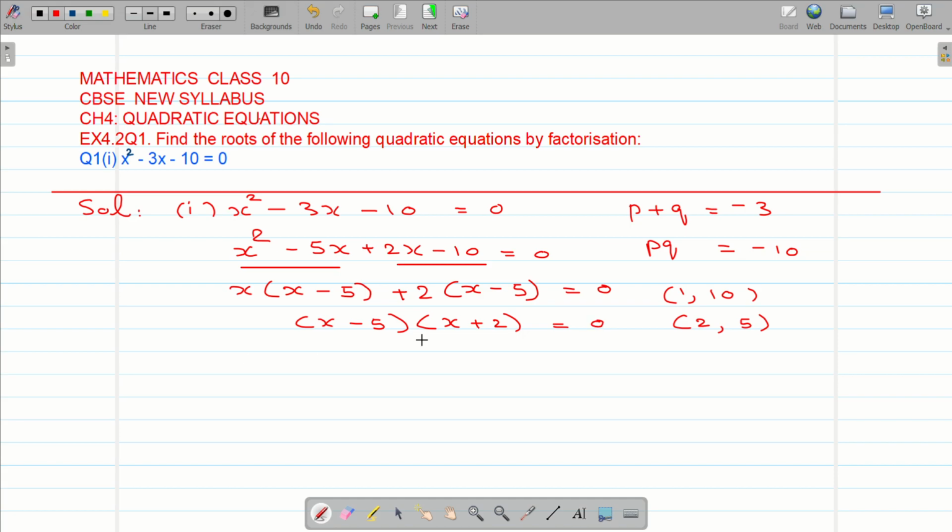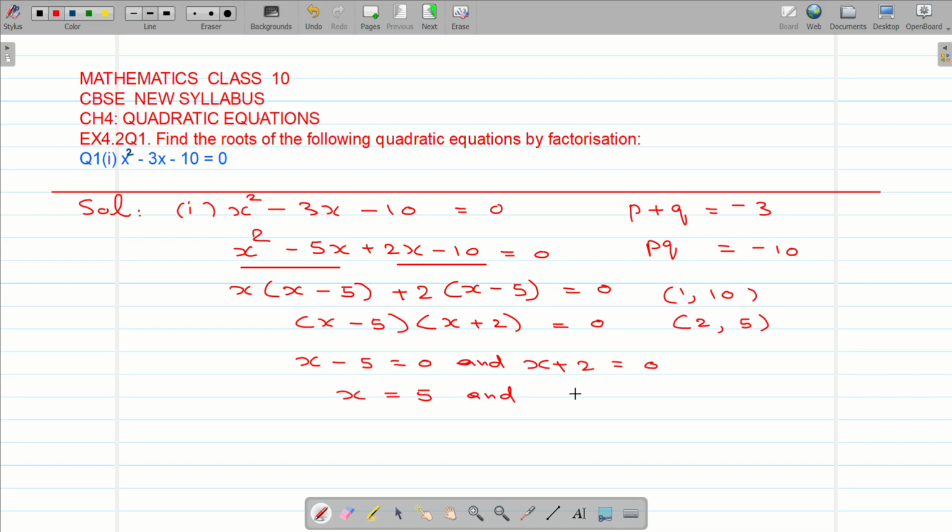So we can solve this. Taking x minus 5 is equal to 0, or x plus 2 is equal to 0. We get two linear equations. If x minus 5 equals 0, that means x is equal to 5.